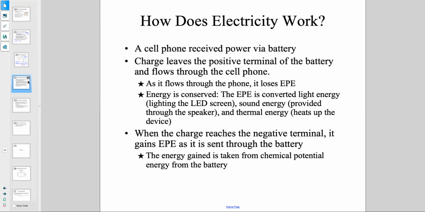When the charge reaches the negative terminal in your battery, it gains EPE as it ascends through the battery. So the energy gained is taken from the chemical potential energy of the battery. Now, if you misuse your battery, you are technically messing with this chemical potential.